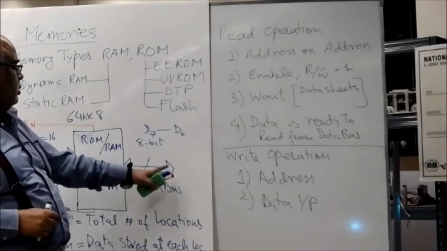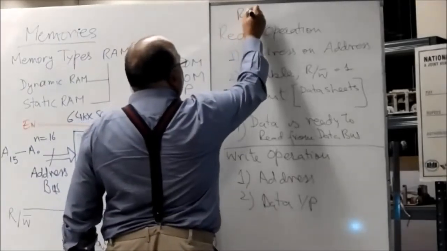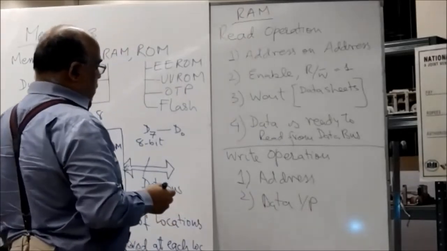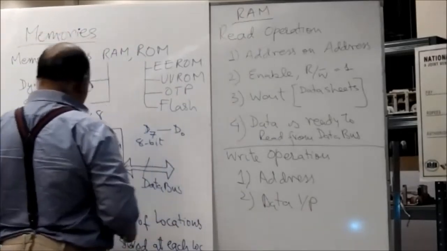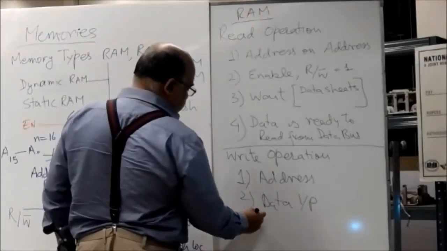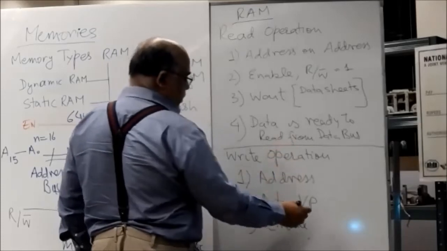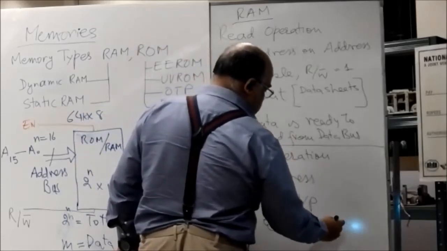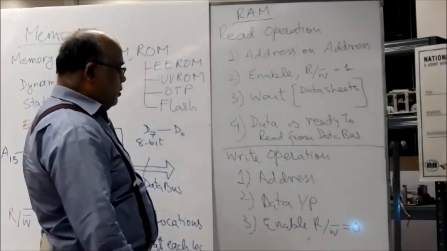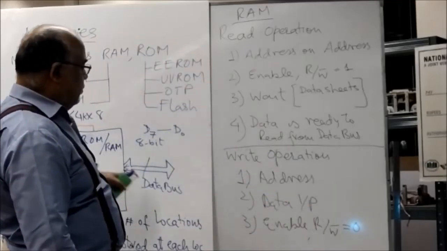So the data must be over here in case of RAM. So data is input over here, address is given over here. So now memory is ready to be given the third thing, and that is enable. And then you can say read write equal to 0. So then you wait, but of course, once you make read write equal to 0, on this address, this data is written.